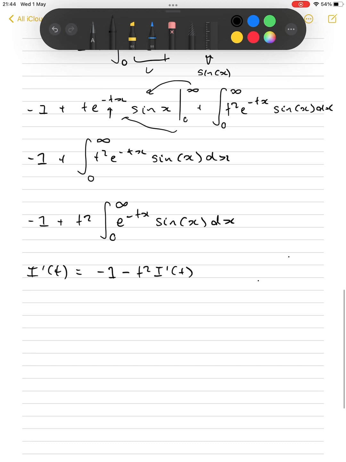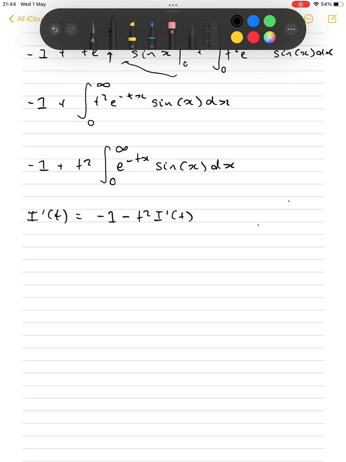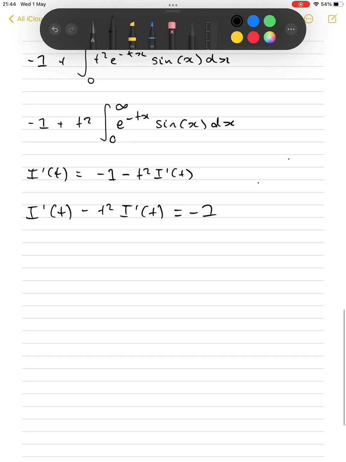We want to essentially collect like terms now, so we get that I dash t minus t squared I dash t is equal to minus 1. We factor out I dash t and we divide by what we get, which is 1 plus t squared. So I dash t is equal to minus 1 over 1 plus t squared.